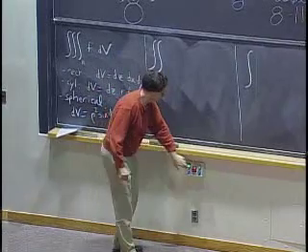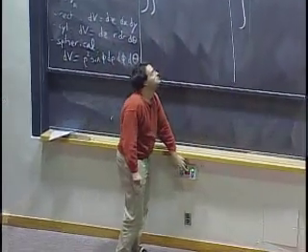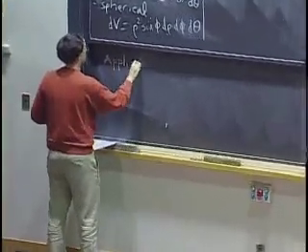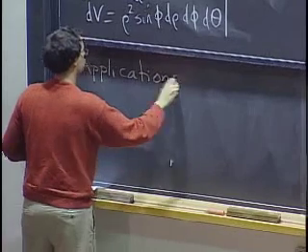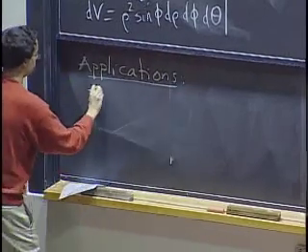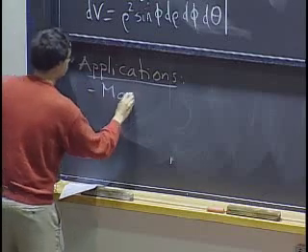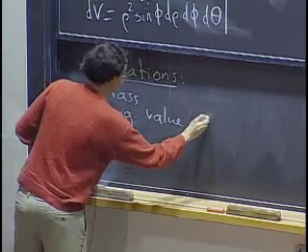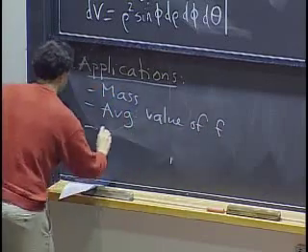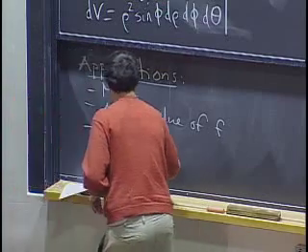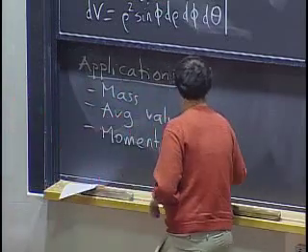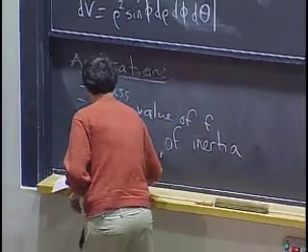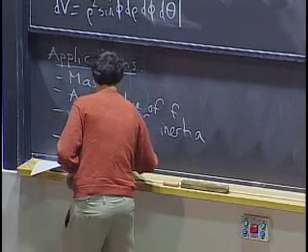So we've seen, of course, applications of this. We should know how to use a triple integral to evaluate things like the mass of a solid, the average value of a function, the moment of inertia about one of the coordinate axes, or the gravitational attraction on a mass at the origin.